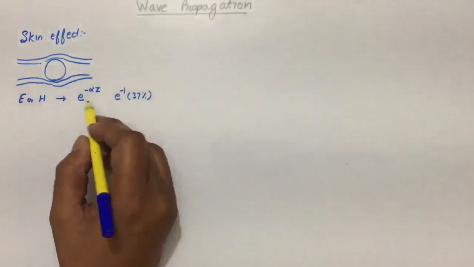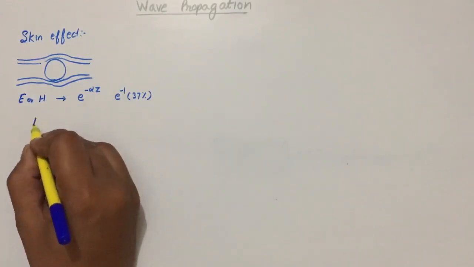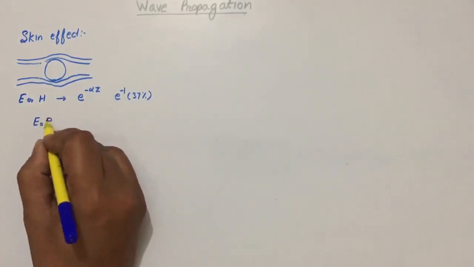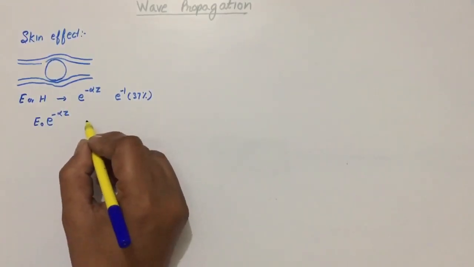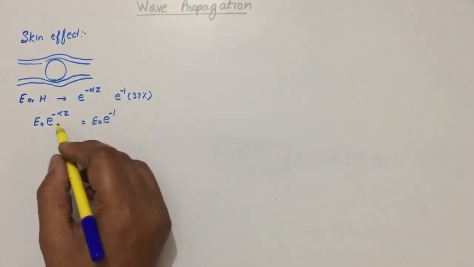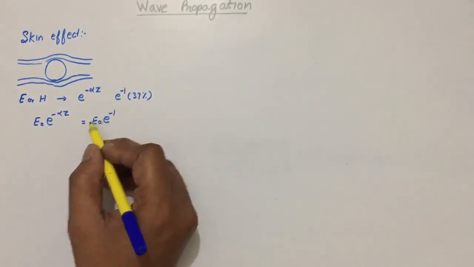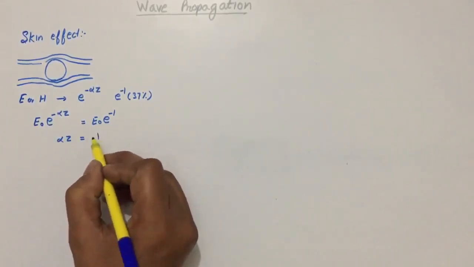So if we relate these two, then we have E naught e to the power minus alpha z, the original amplitude, and when it remains only e to the power minus 1, then alpha z can be written as 1.